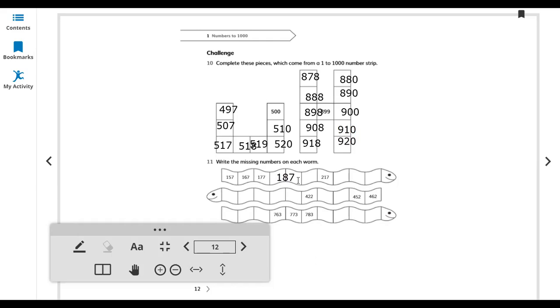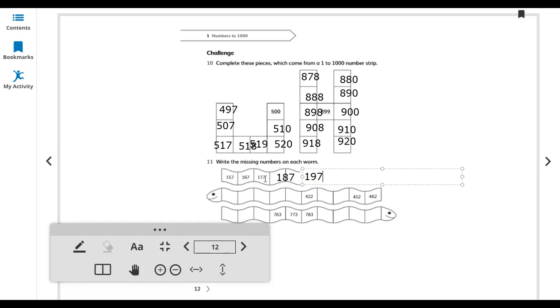Sorry, 187, 157, 167, 177, 187, 197. Here the pattern is given already, so not plus one. Here we don't have anything, that's why in the pattern we are writing plus one, add one. But when we are doing without a pattern, it's not like this.